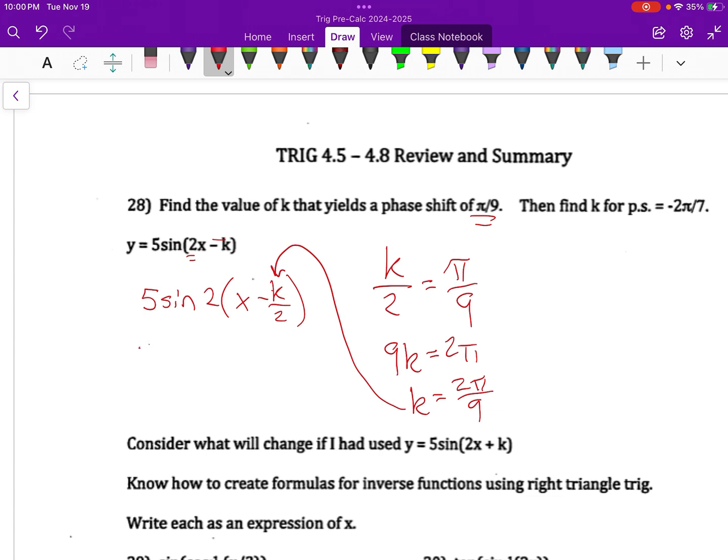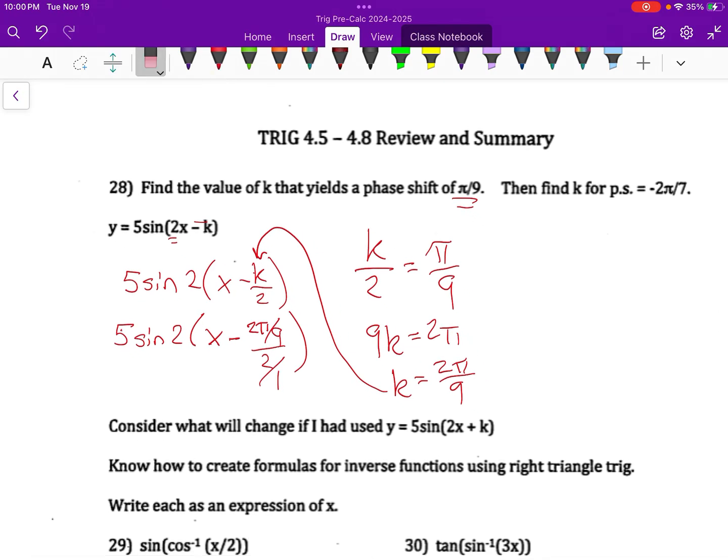Now, that would mean that the formula would be y equals 5 sine 2 times x minus, now you're going to put the 2 pi over 9 on the top of this and divide by 2, which is actually going to be inverted and multiplied.